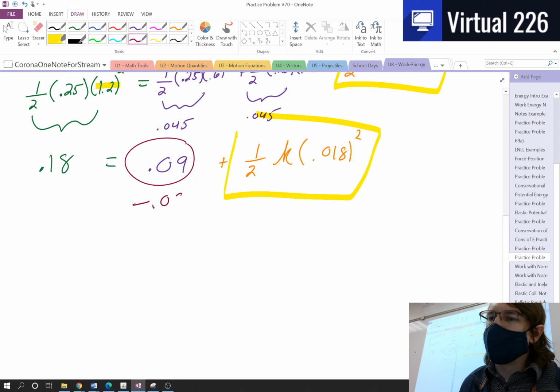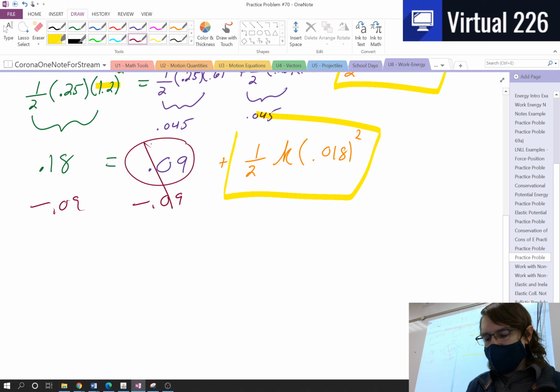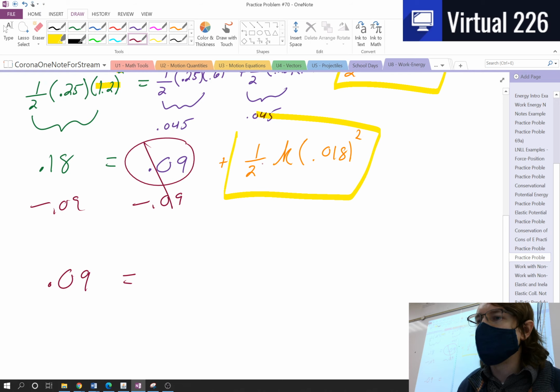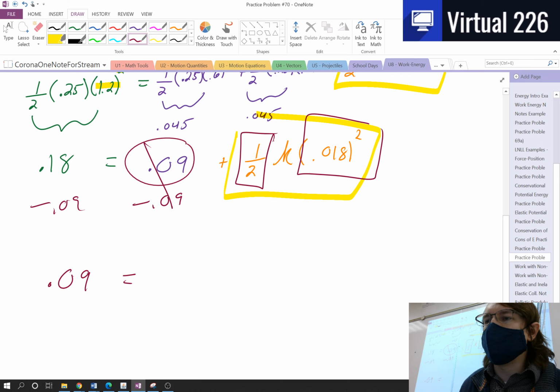So I'm going to subtract 0.09 from each side to get rid of it. 0.18 minus 0.09 is 0.09. So we get 0.09 on this side. That unit is still joules for energy. And then on the right side, I'm going to finally square the 0.018 and then multiply it by 1/2 or divide by 2, however you like to think about that.